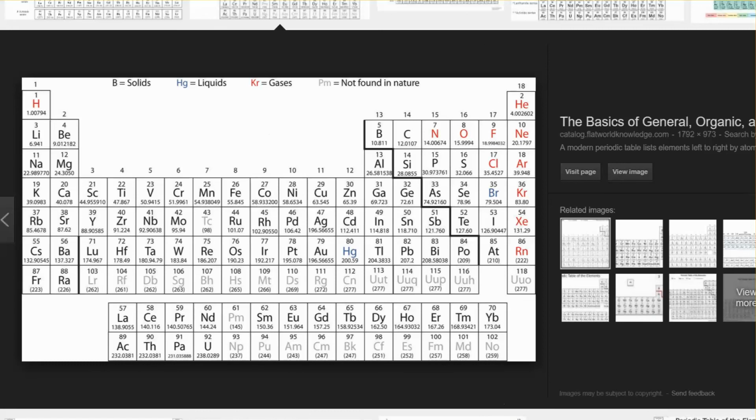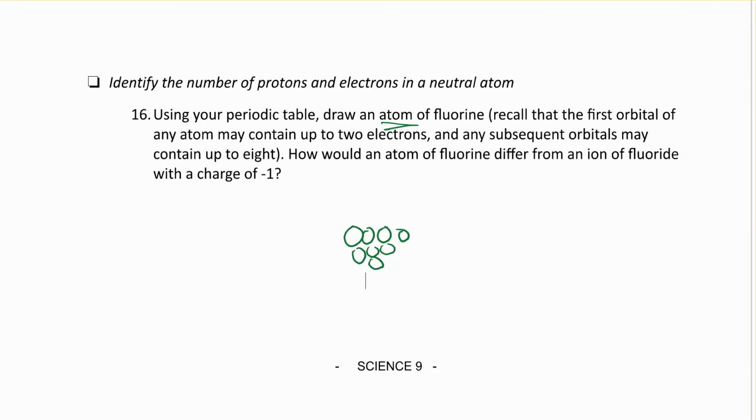So at the center of this, you should also have, let me get my pen, 4, 5, 6, 7, 8, 9, 10 neutrons. Blue ones are neutrons. And then we're going to have the first orbital, where you're going to have 2 electrons.